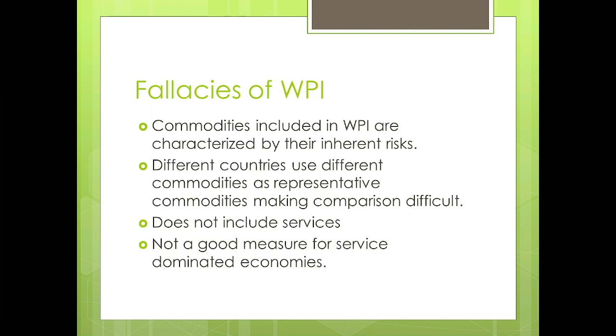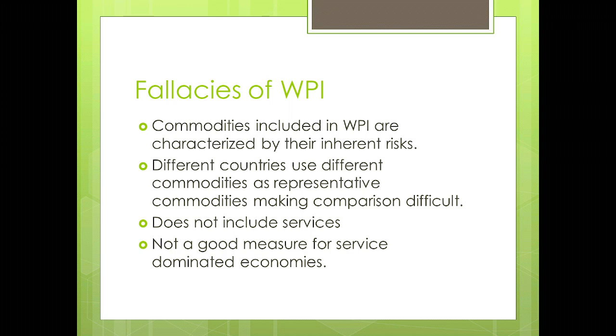Now let's talk about fallacies, meaning WPI sometimes suffers from certain limitations. The first limitation, as you can understand, is that commodities like fuel, power, and manufactured goods have their own inherent risks. There are price fluctuations which are quite natural for each of these commodities.